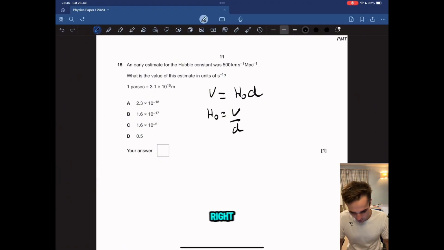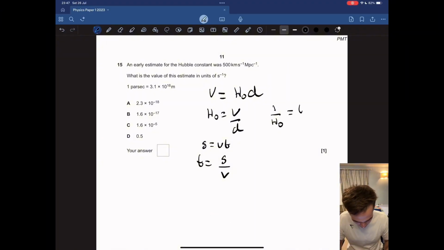If distance equals velocity times time, then time is distance divided by velocity, which is the inverse of H0. So 1 over H0 is time. But it's asking us to give it in per second, so that doesn't even matter.